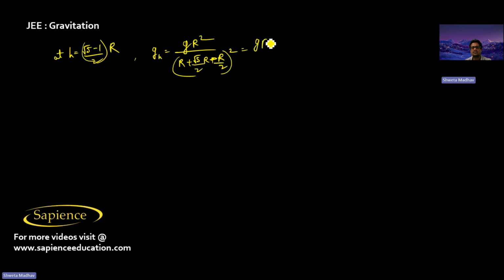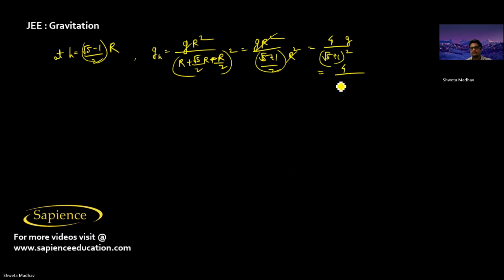So this will be g R square by root 5 plus 1 by 2 R square. R square will cancel. So this is 4 by root 5 plus 1 whole square into g. This is 4 by 5 plus 1, 6 plus 2 root 5 into g. So this is 2 by 3 plus root 5 into g.